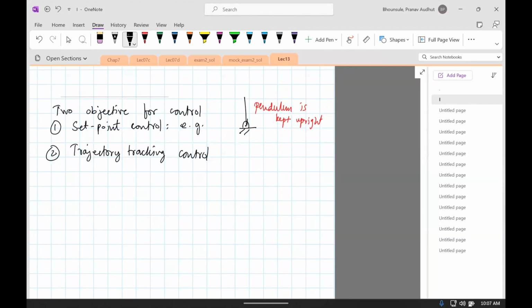So that would be something like this. Or maybe you just want it to go straight out. So it just needs to go like that. Another example is kicking a ball.